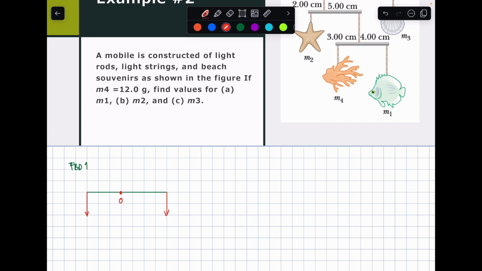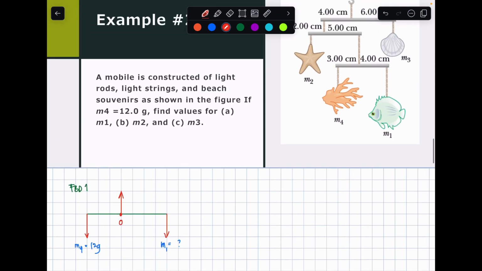And that is mass 1, which is unknown. And then of course we have the tension of the string. The rod and the string have negligible mass.